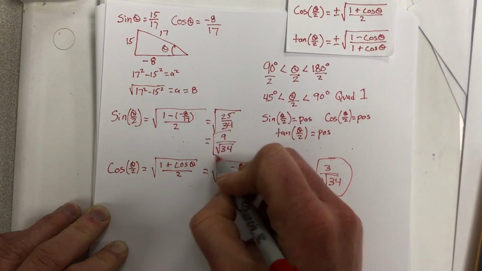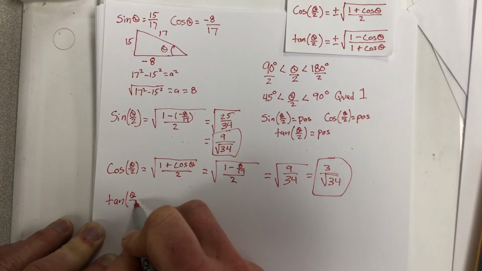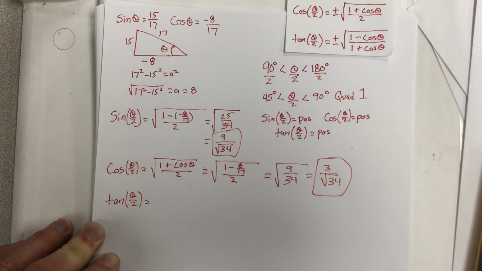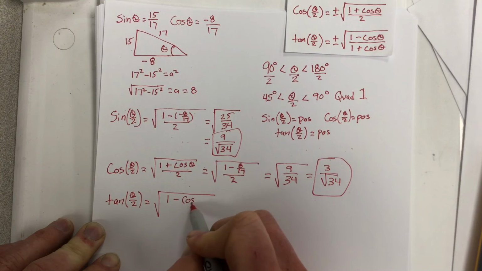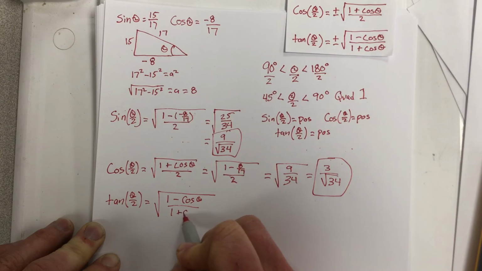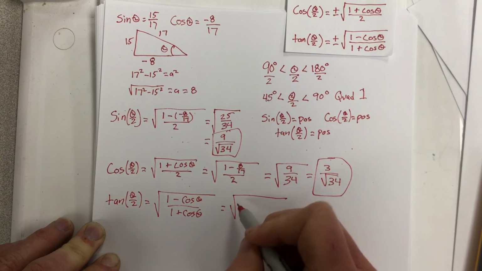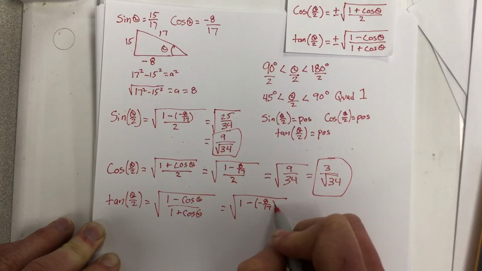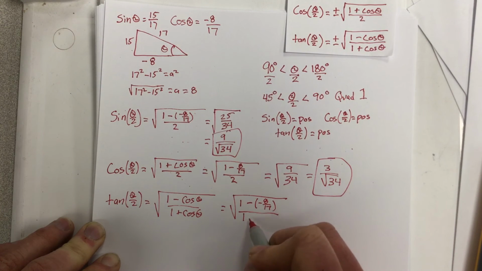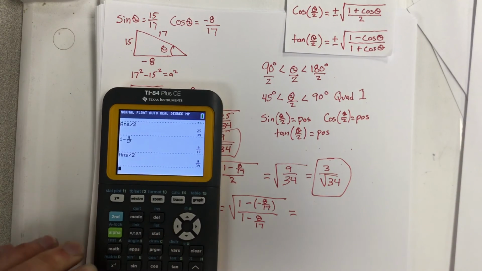So now I need to find tan of theta over 2, which is equal to the root of 1 minus cosine theta over 1 plus cosine theta. So it's going to be the root of 1 minus negative 8 over 17, and then 1 minus 8 over 17 when I plug in the cosines. Let's plug that in the calculator.